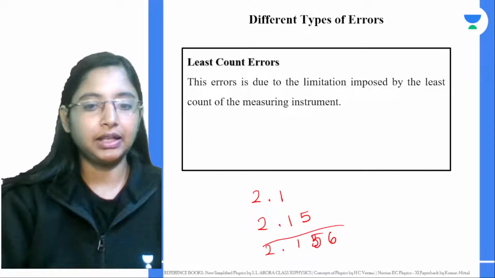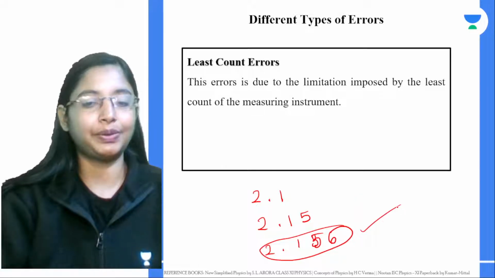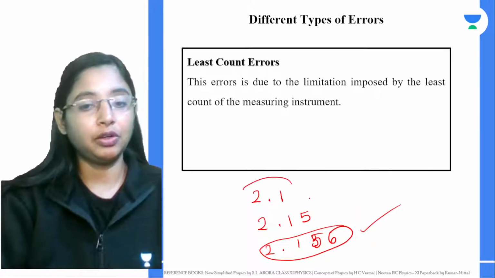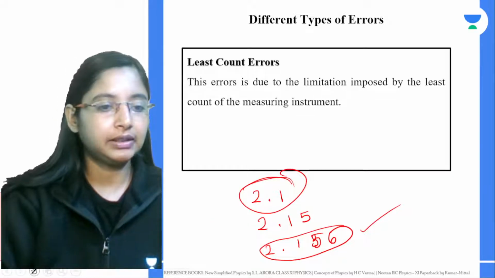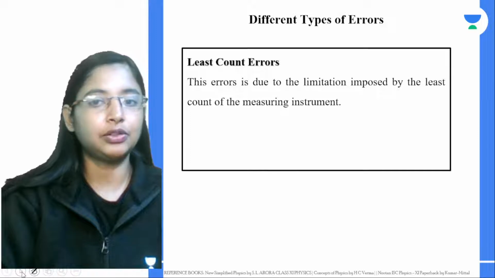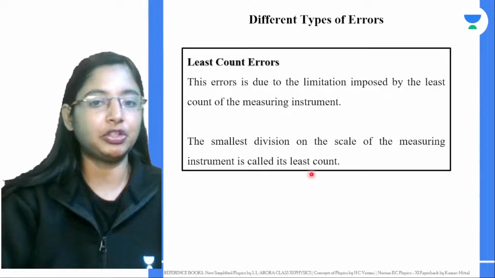If I use a screw gauge to find the thickness of this pen, I'll get a much more accurate, precise value than using just an inch tape. So these errors are due to the limitation imposed by the measuring instrument.